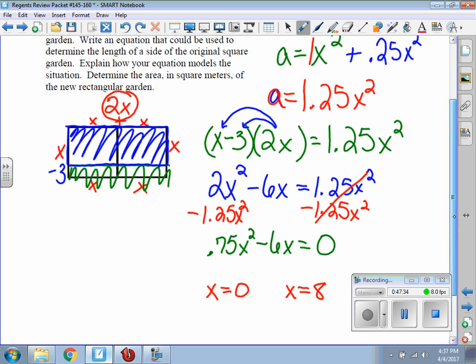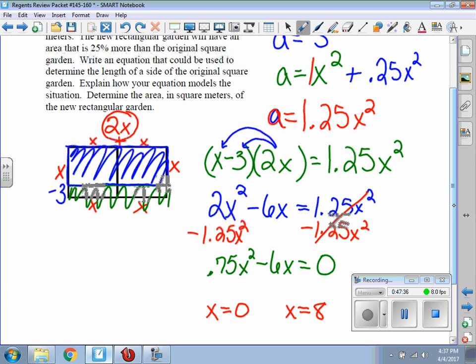What does x represent? x was the length of the original side. Should a garden be 0 meters long? No, it doesn't make sense to have a garden that's 0 meters. We're going to cross off that answer. That's not the answer. The answer is that the length of the side is 8 meters long.